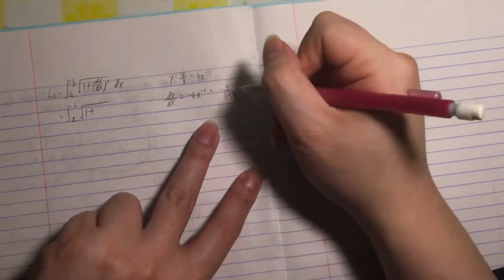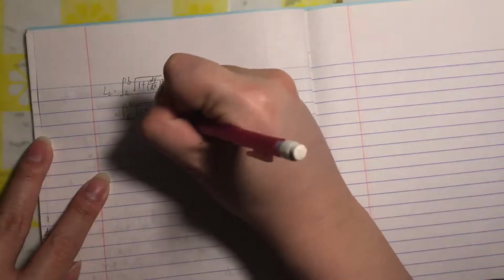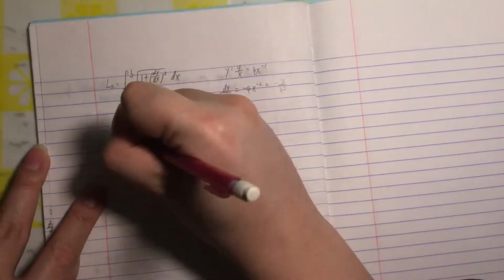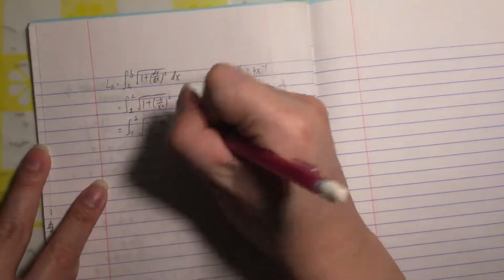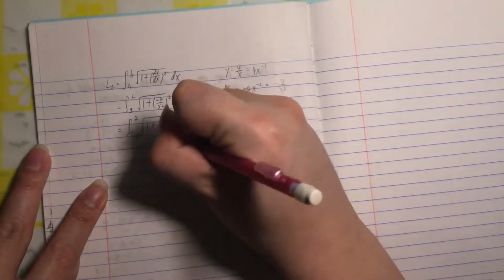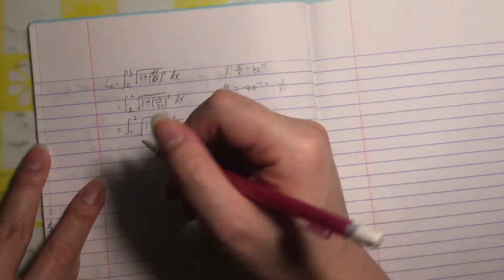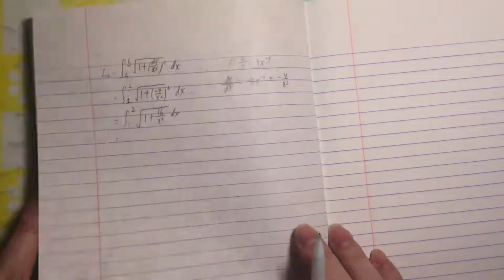That's dy over dx. Plug in. We have negative 4 over x squared. If we simplify, we have square root of 1 plus 16 over x to the power 4 dx. We can solve it using calculator. We'll do it later. That's L2. Next, let's find L3.